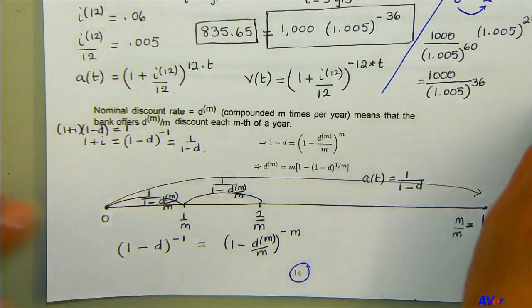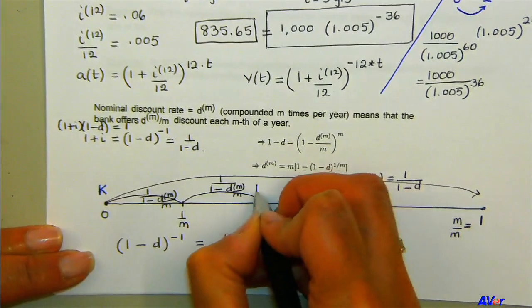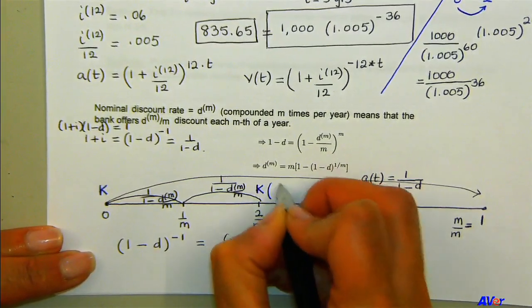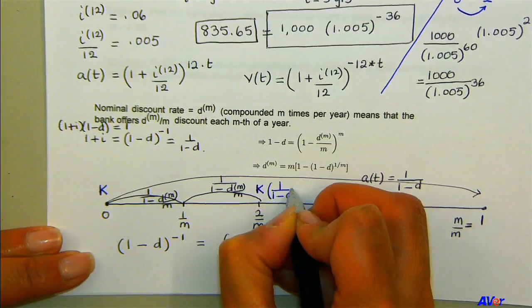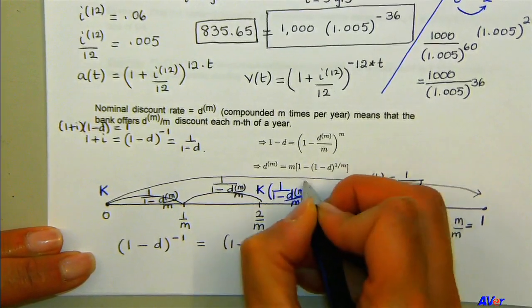So the value here would be, let's say this is k, k times 1 over (1 minus d^(m) over m) to the second power.